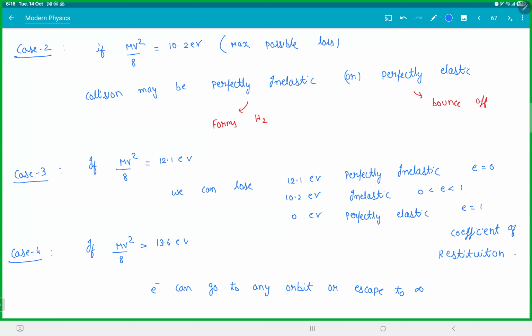So this is how atomic collisions work. When atoms collide, they cannot lose whatever energy they have. They have restrictions. So you get cases, possibilities.